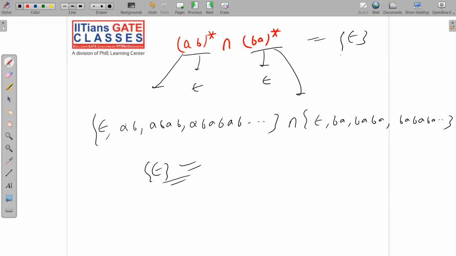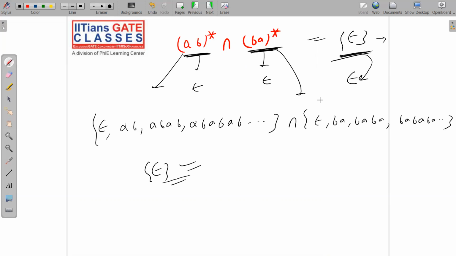So write it carefully. You will get null within brackets because you are taking sets. Now you are taking the common part between them, so you get null as a set. If the question says regular language, which regular language is common, then you write it as null within brackets. If they say regular expression, you will say null only, because for this regular language, the regular expression will be null.